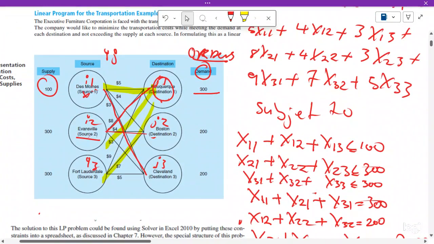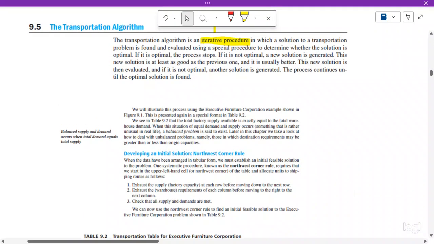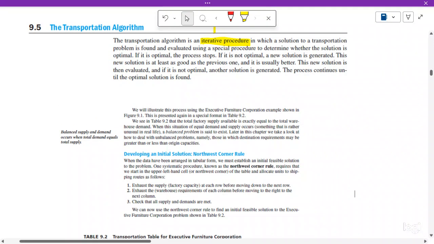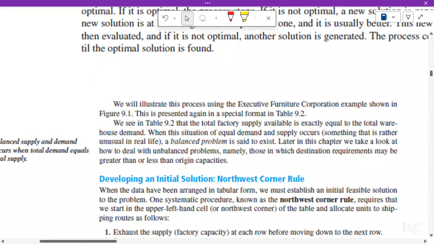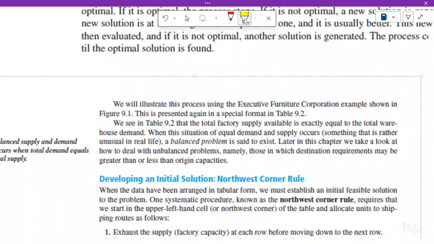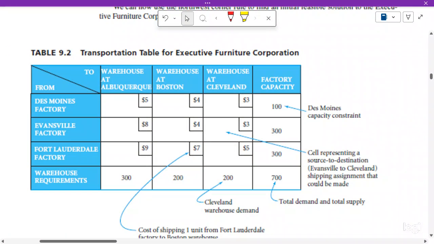Based on this problem, a solution is presented again in a special form in table 9.2.